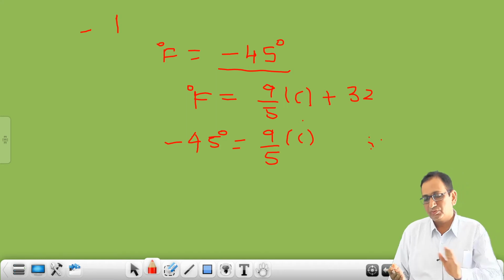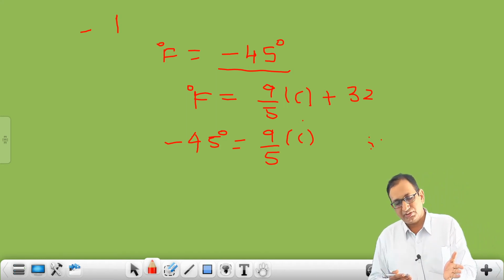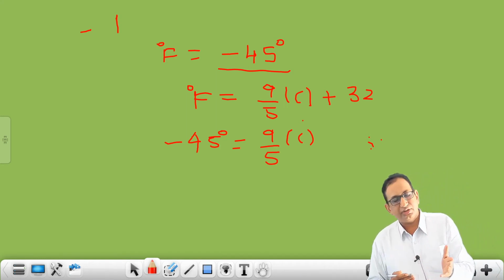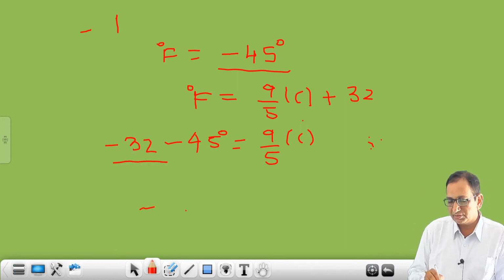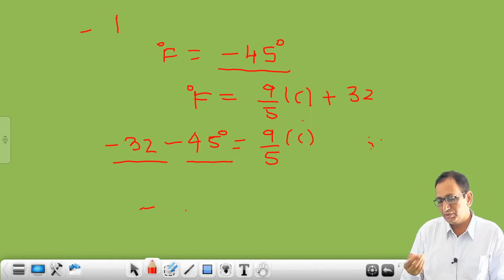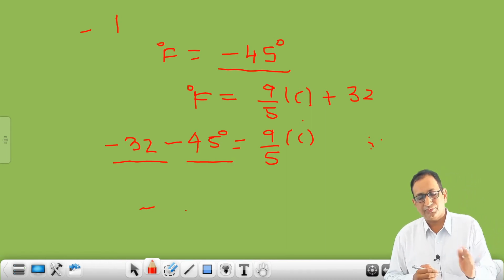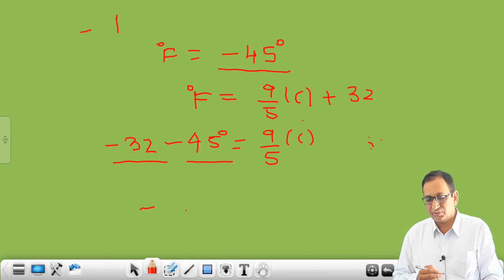This 32 we will take this side. So by going this side, this 32 will become minus 32. So here both the sides minus 32 and minus 45. So both are negative, students.